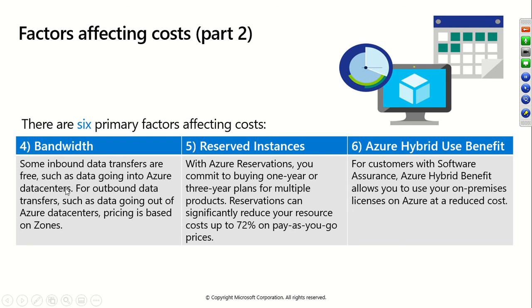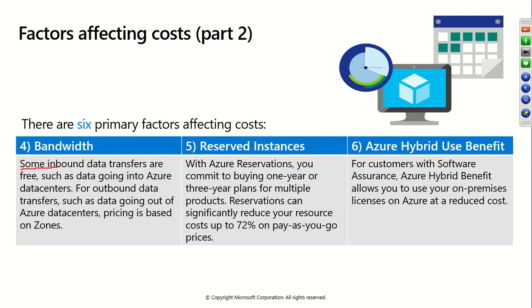The other one is bandwidth. Bandwidth covers your inbound data transfer, the kind of data that can be transferred. Now, inbound transfer is free. That is very important, and it is also a typical exam question.